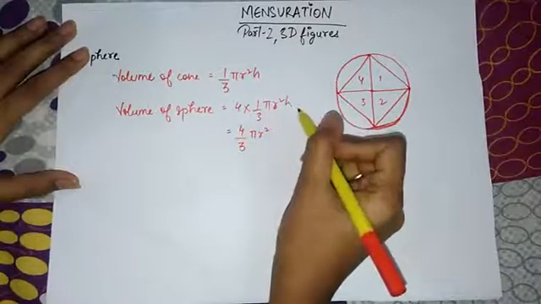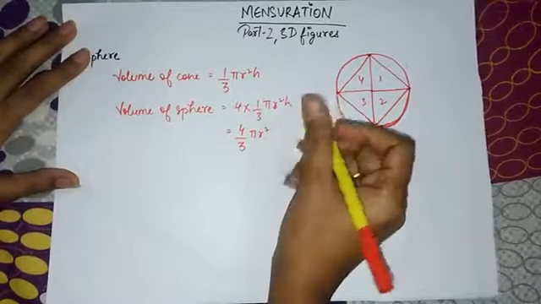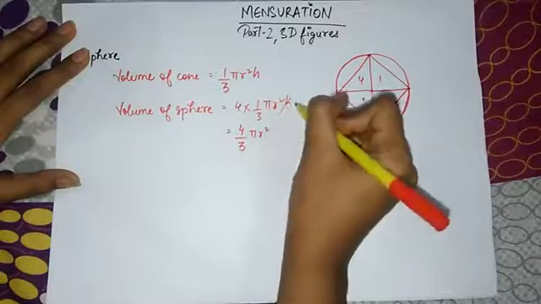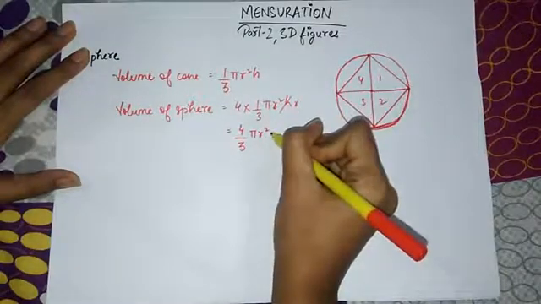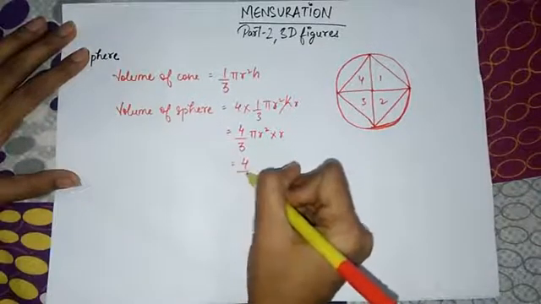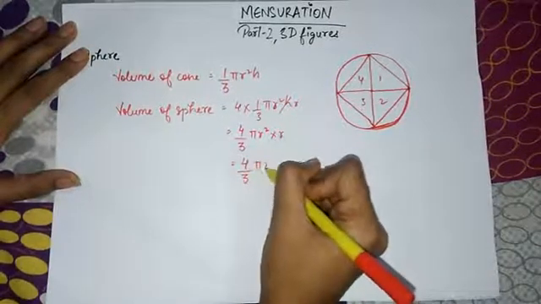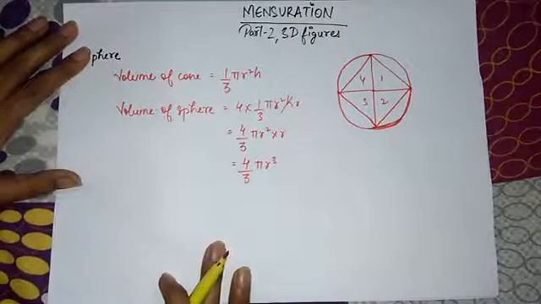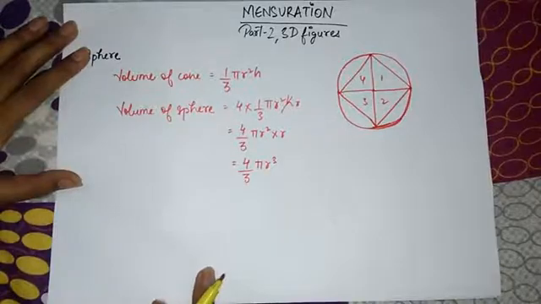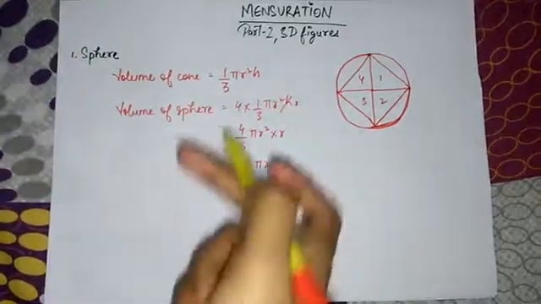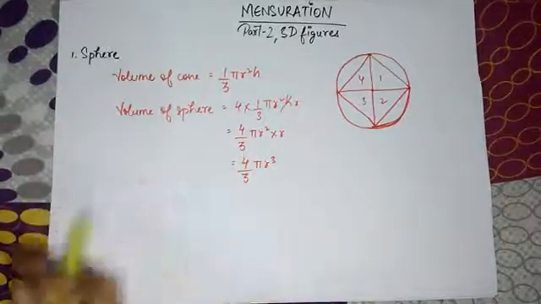And what about h? So a sphere has no height. We can just cut the h. Instead of h, we can put r here. So the final formula becomes 4 by 3 pi r cube. Okay, this is the formula for a sphere. The easy way to learn the formula for sphere.